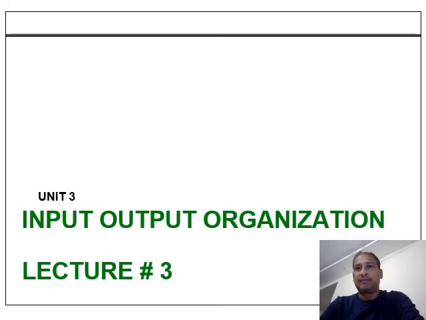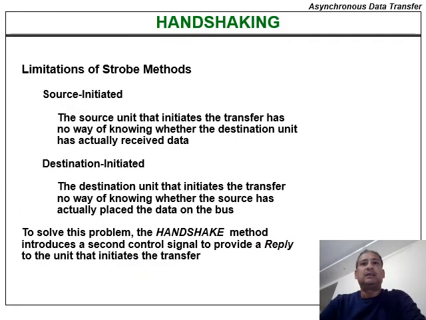But the disadvantage is that it does not give us any way of acknowledgement. Basically, if it is a source initiated strobe, the source unit has put some data on the data bus and initiated the strobe, but it has no way of knowing whether the destination unit has actually read the data.